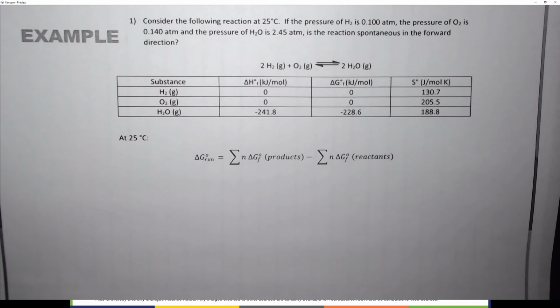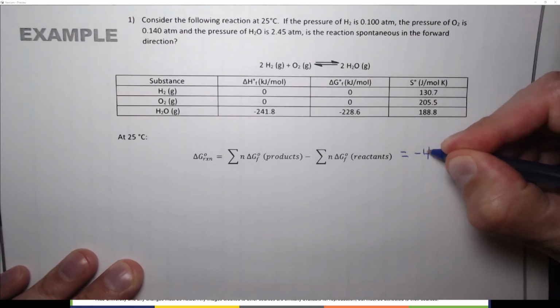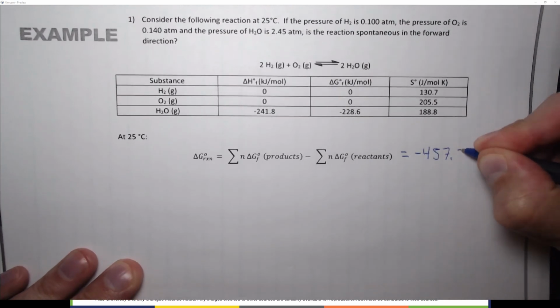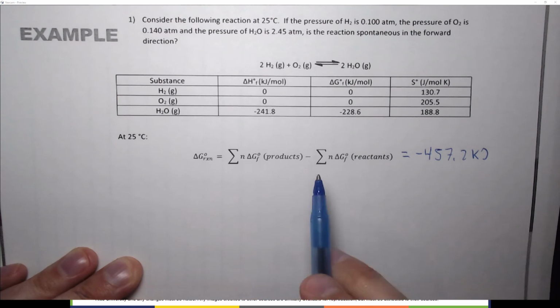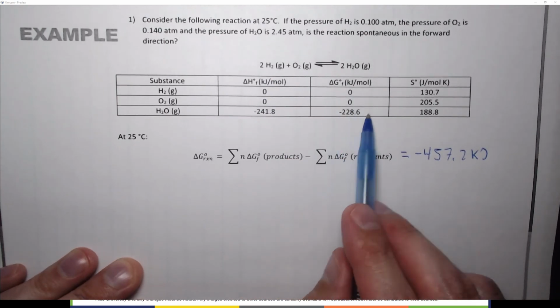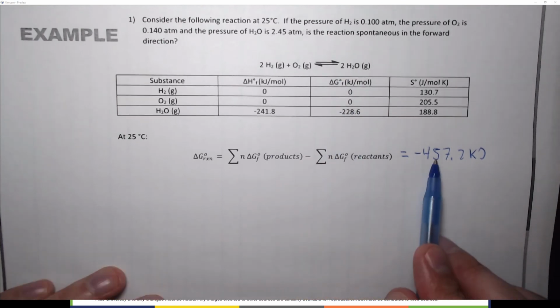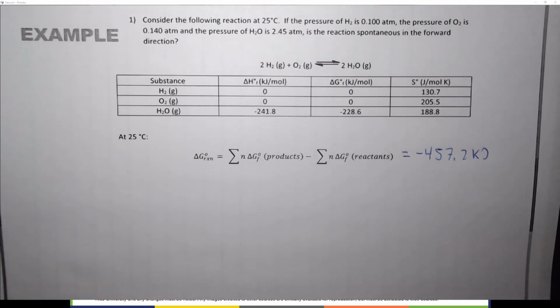Well, if we remember from the previous examples, the delta G of this reaction was minus 457.2 kilojoules. Because the hydrogen and oxygen are both zero, we're basically just 2 water, so 2 times this, which is minus 457.2 kilojoules.